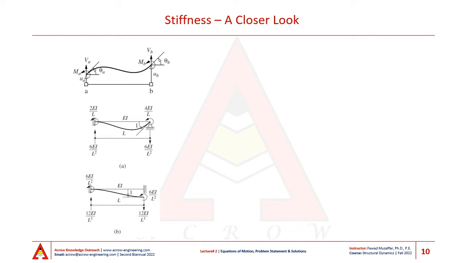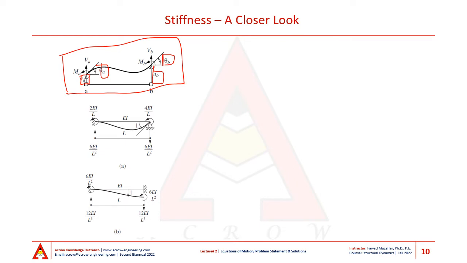Now the figure on the top shows a generalized displaced state of the frame element. This generalized displaced state of the frame element is completely described by four degrees of freedom, which are uA, theta A, uB, and theta B.